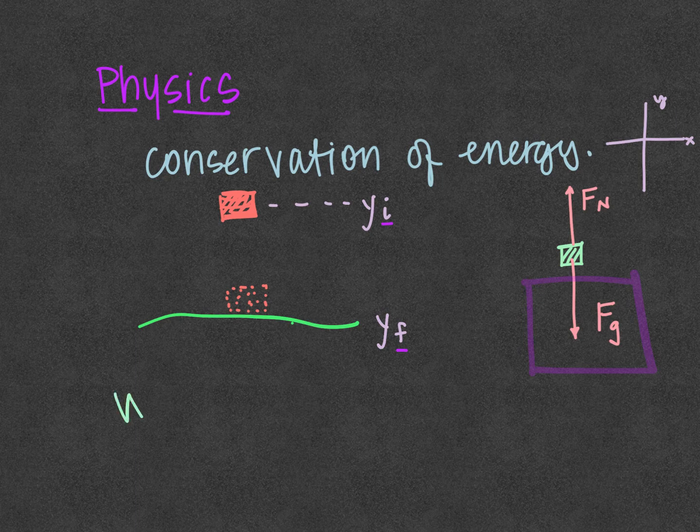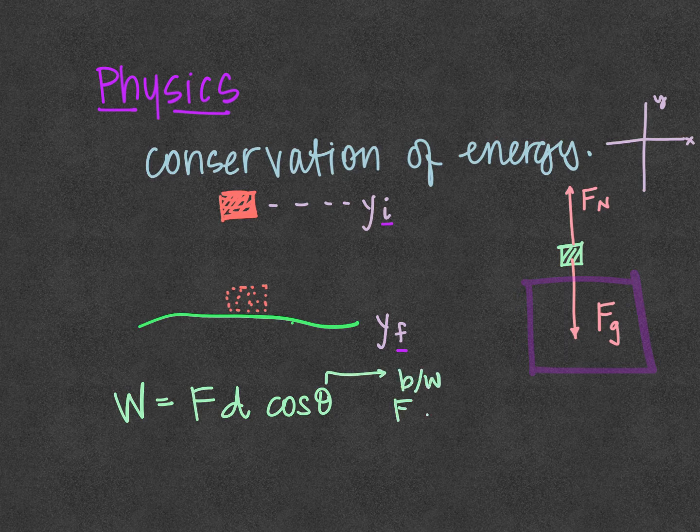Remember, work is F d cosine theta, where the angle is between the force and the distance. In this case, our force is straight down, and the displacement is also straight down.